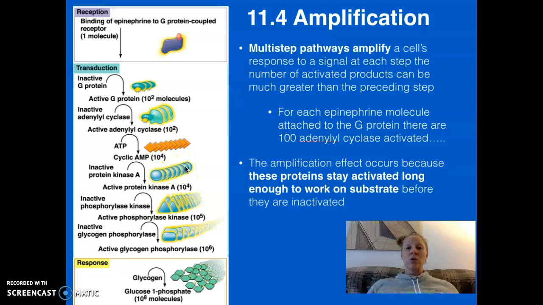So this is going to make the message move quicker and more efficiently through the cell. This amplification can happen because the proteins stay activated long enough to work on that amount of substrate.